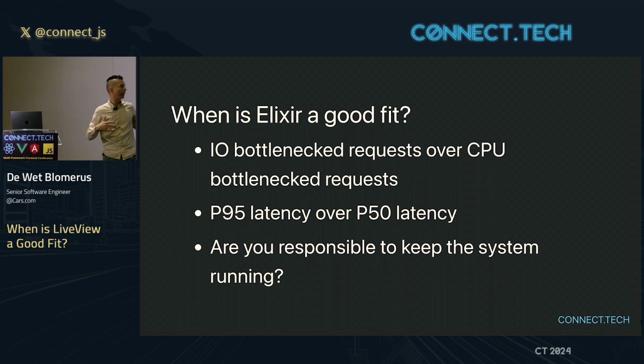So the latency for all the other requests still seems fine. There's a great talk about this called The Soul of Erlang and Elixir on YouTube, or come ask me about it afterwards. It's talking more about the runtime characteristics of just the BEAM.